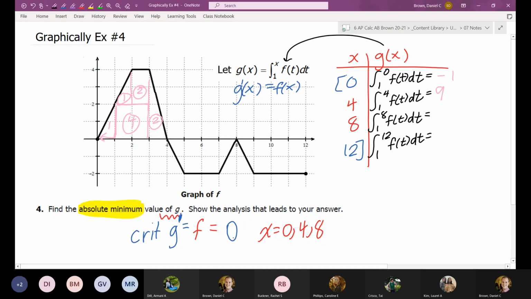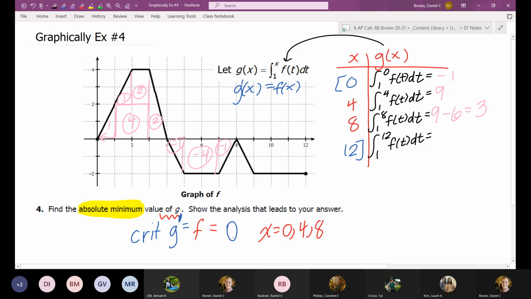The integral from 1 to 4 is 9. What's the integral from 1 to 8? Well, it's going to be that 9 minus this negative area. So minus 1, minus 4, minus 1. Subtracting 6 from that, g of 8 would be 3.